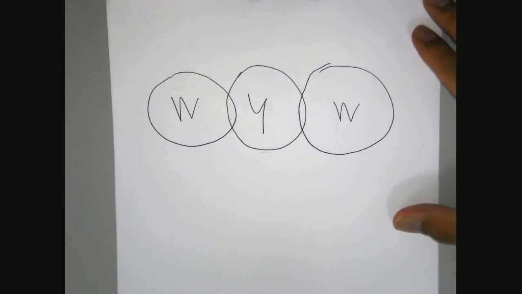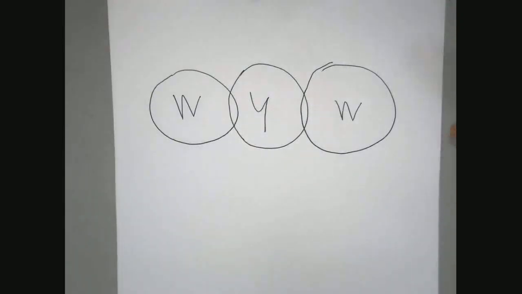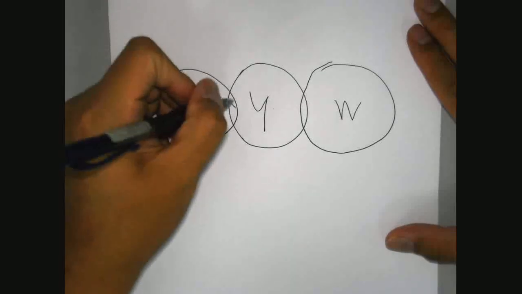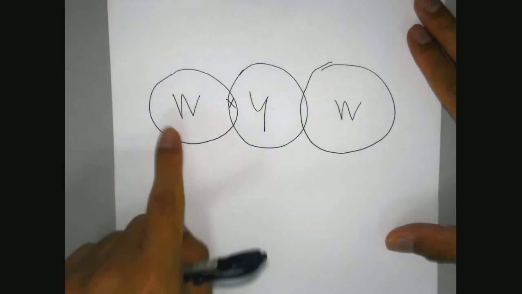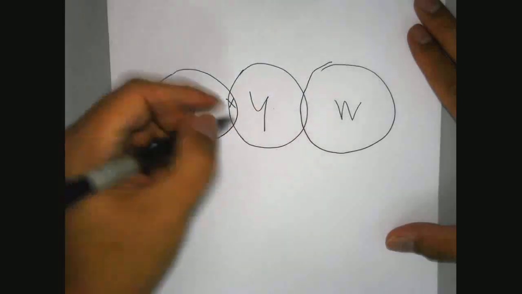So we have no idea how many electrons they should share. So sometimes we have no choice, but we have to do a trial and error. So just assume that W is contributing 1 electron for sharing. When W puts in 1 electron for sharing, the Y has to follow and put in 1.